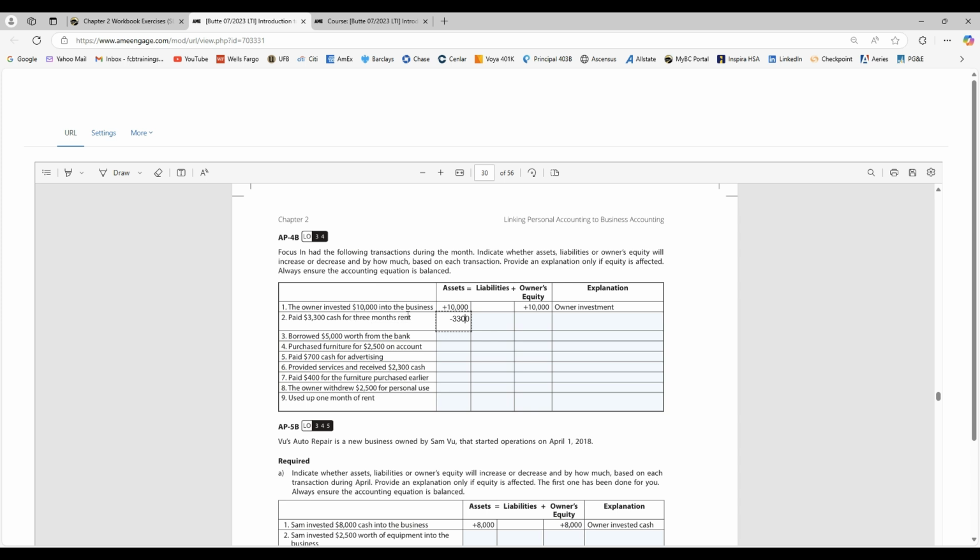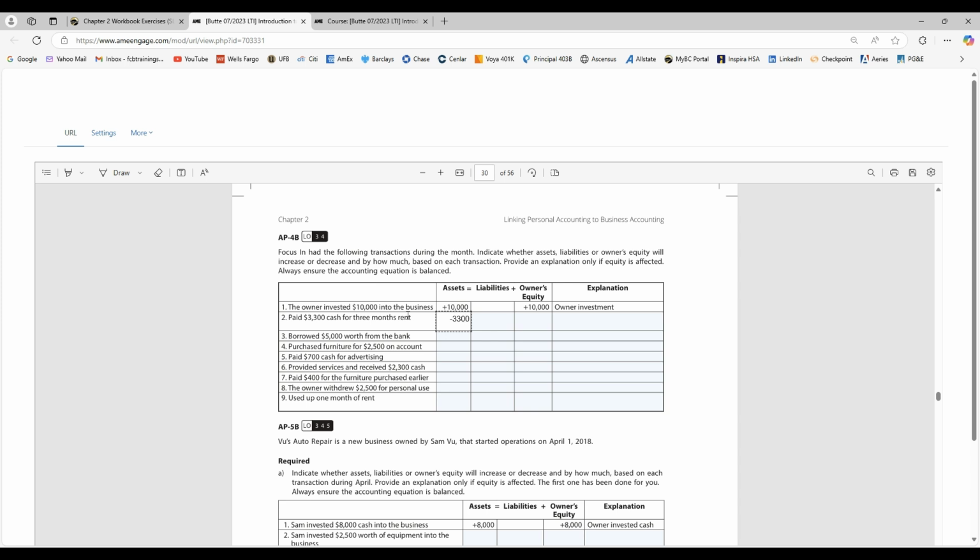Keep in mind that when we're talking about the prepayment of rent, like in this instance, multiple months of rent that have not yet elapsed, you haven't been in the place that you're renting yet. When you're there for a month, you'll use up a month of it.